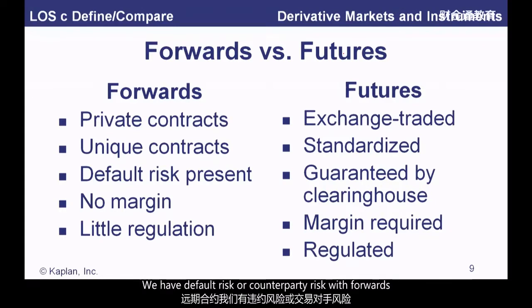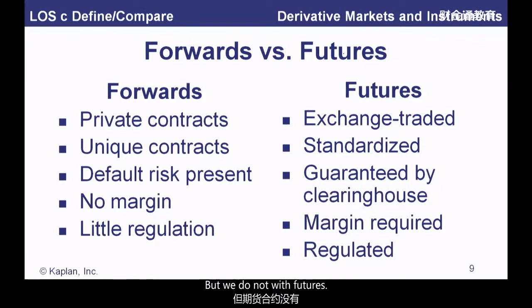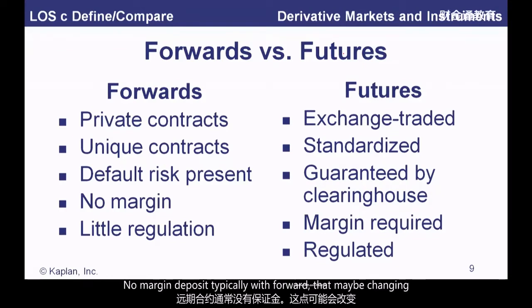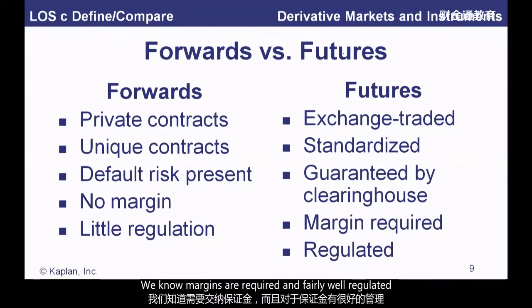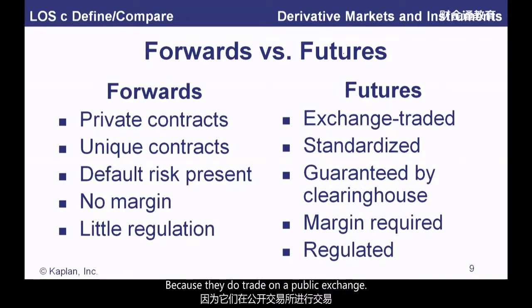So we say we have default risk or counterparty risk with forwards, but we do not with futures. No margin deposit typically with forwards. That may be changing, but right now in the curriculum we're going to treat them that way. And little regulation of forward contracts. Whereas with futures, we know margins are required, and they're fairly well regulated because they do trade on a public exchange.